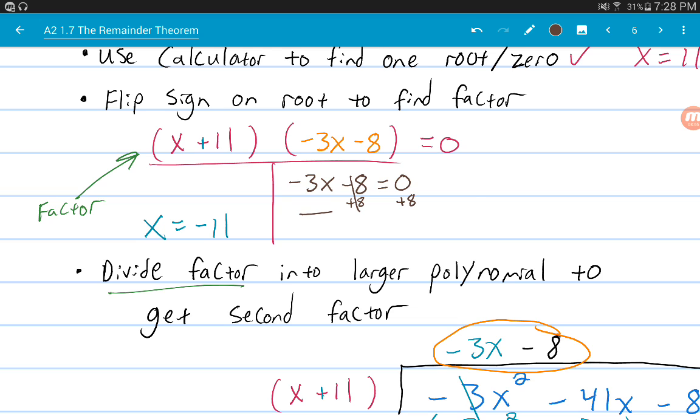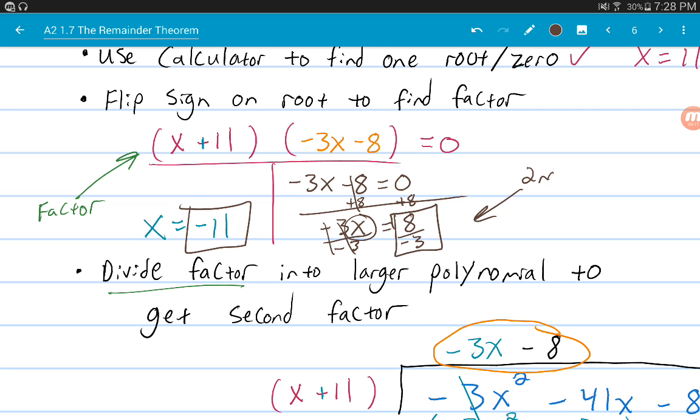Adding 8 gets me negative 3x equals 8. And I divide by negative 3 to get it off of the x. And I get x by itself is equal to 8 over negative 3, and we can leave that as a fraction. So this is my second root.